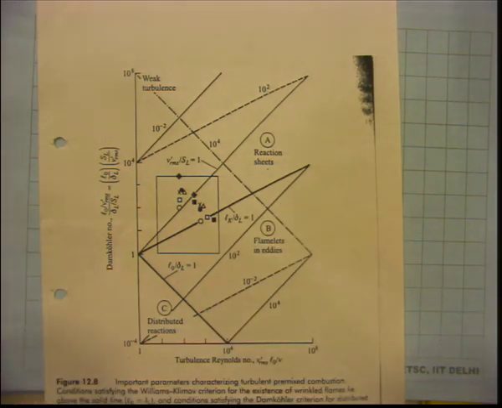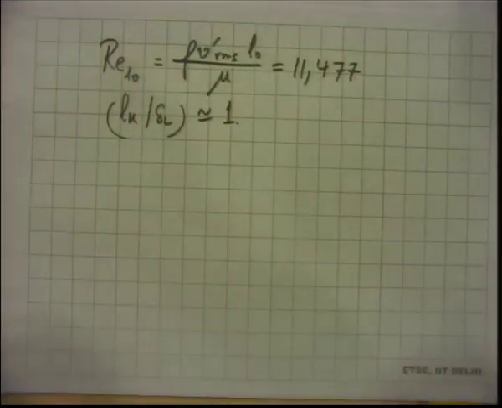For the particular problem that we looked at, it is kind of at the borderline, okay, but our calculations are kind of simplistic. Okay. So, this is how we can locate data. So, we can utilize this graph for various kinds of problems to see in what kind of regime we are.